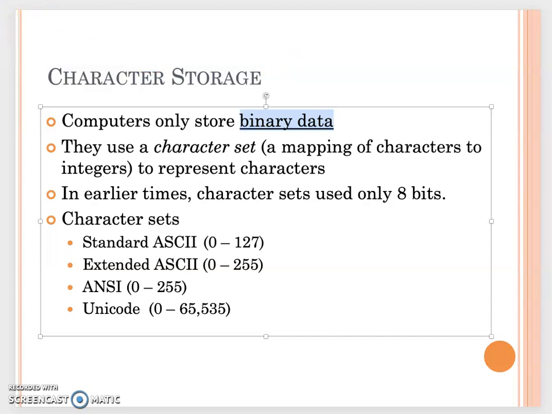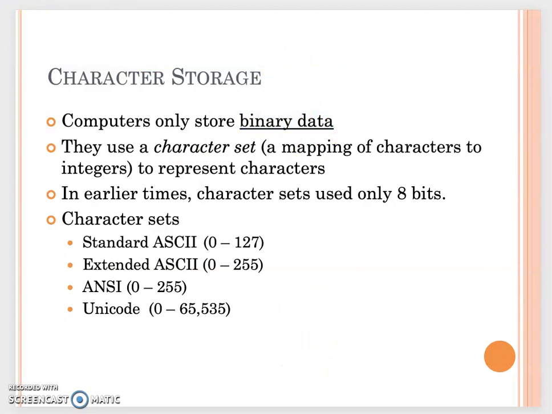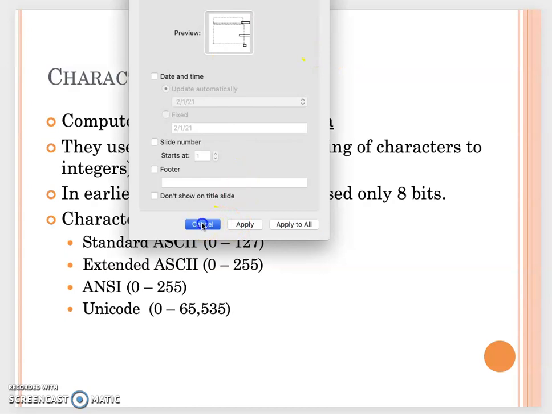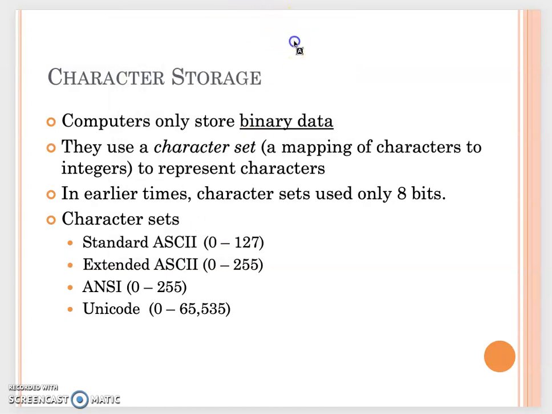So if you want to store a number, for example the integer 255, your 255 is a decimal number. Sometimes we put a D at the end to represent a decimal number.